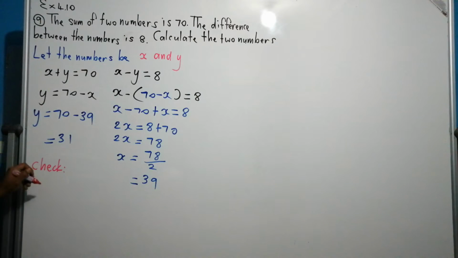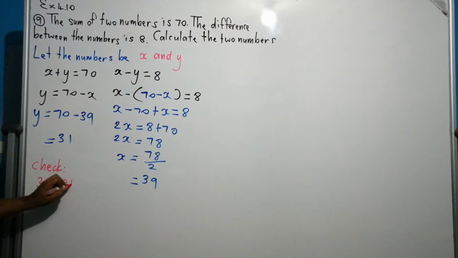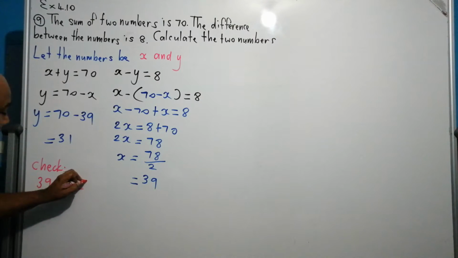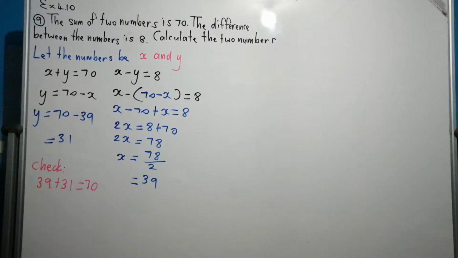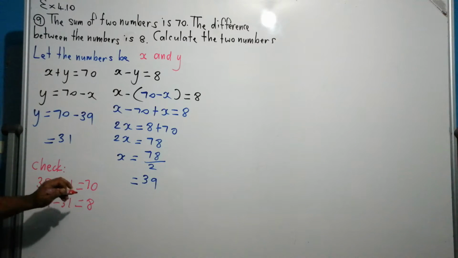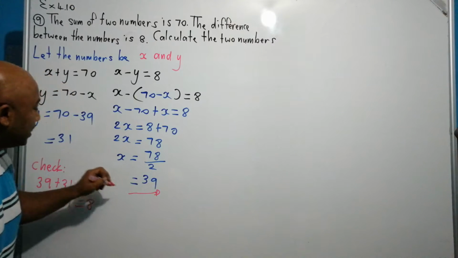So let's take these two numbers here. We got 39 plus 31. So 30 and 30 is 60, 9 and 1 is 10, so that will give you 70. The difference between the numbers is 8. So 39 minus 31, let's check. 39 minus 31 is equal to 8, so you know these two are correct.